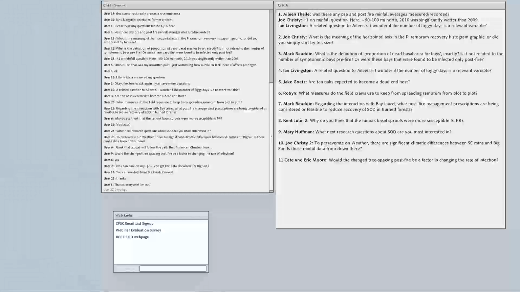Well, I think the thing with these forests is that all of these hosts resprout. So it doesn't take very much time following a fire before things get very dense once again.